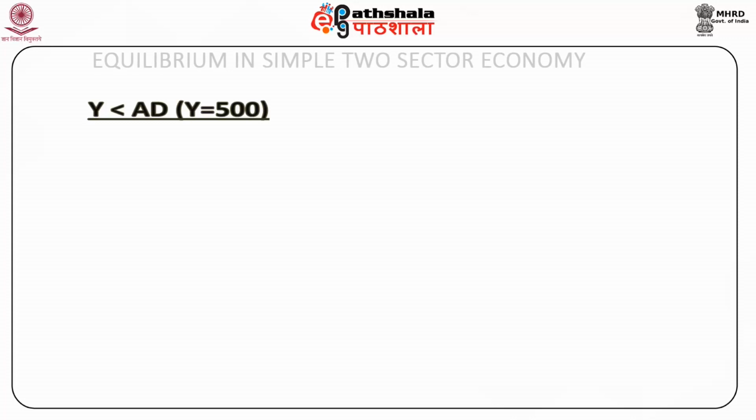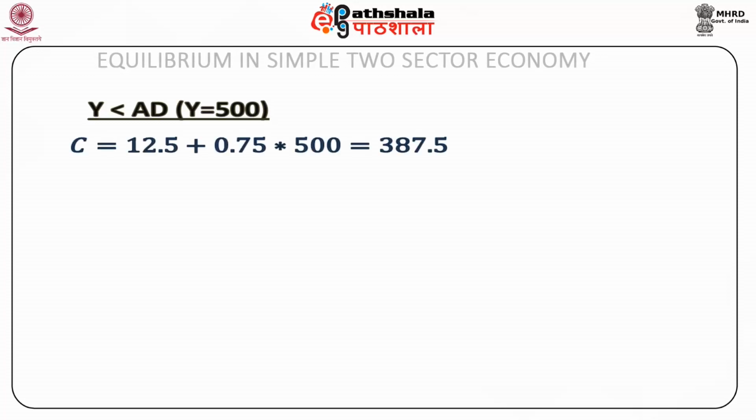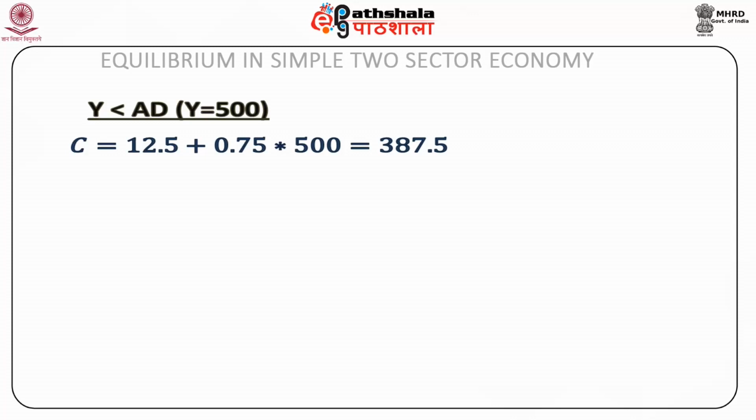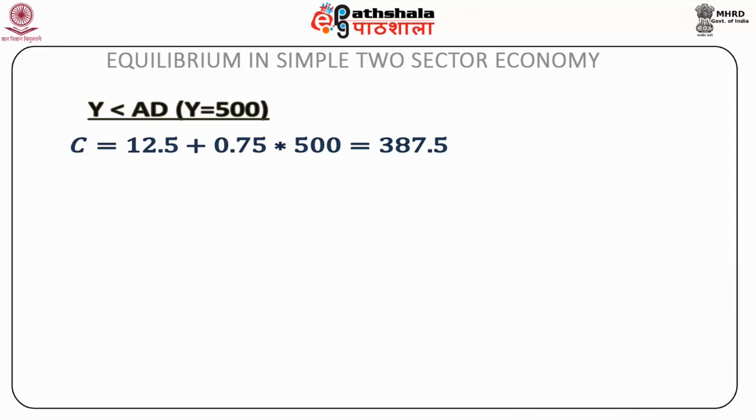For example, if Y is equal to 500, AD can be computed as C plus I, where C is equal to 12.5 plus 0.75 multiplied by 500, which gives us 12.5 plus 375, which is equal to 387.5.